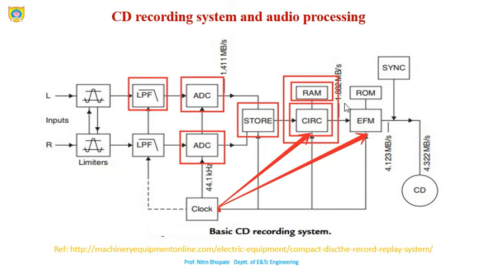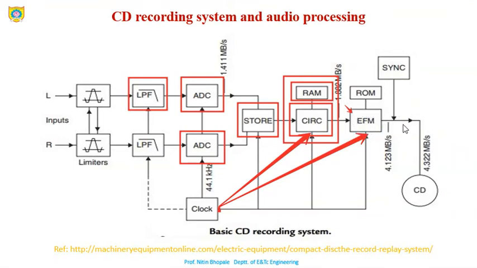That's why, whatever 8-bit data we have, it has to be converted into 14-bit data. That is why the EFM section is used in this block diagram. It works with respect to a certain code which is stored in the ROM, so the ROM is connected here to the EFM section.